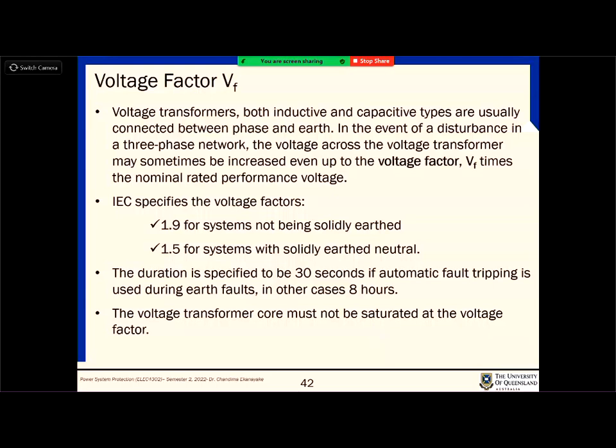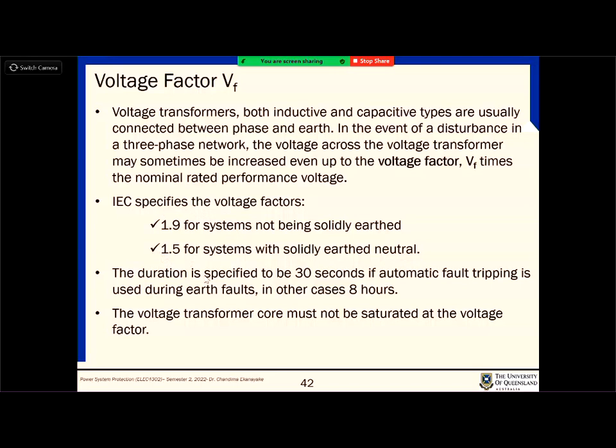As an example, IEC specified 1.9 for systems not being solidly earthed, which means that if the system is not earthed, the VT should allow measurements with a reasonable accuracy up to 1.9 times the rated voltage. But if the secondary is earthed, then it is only 1.5.